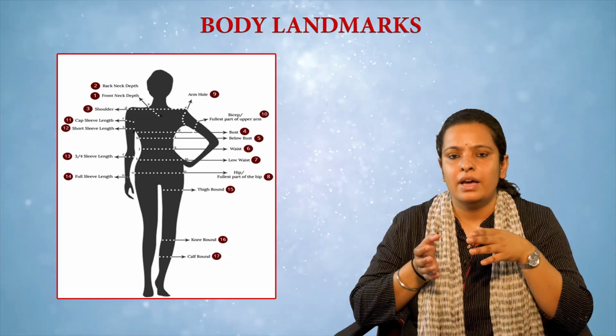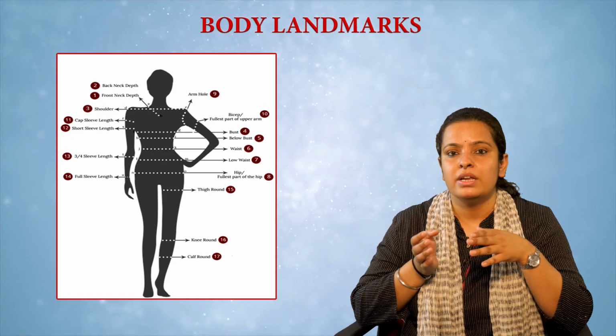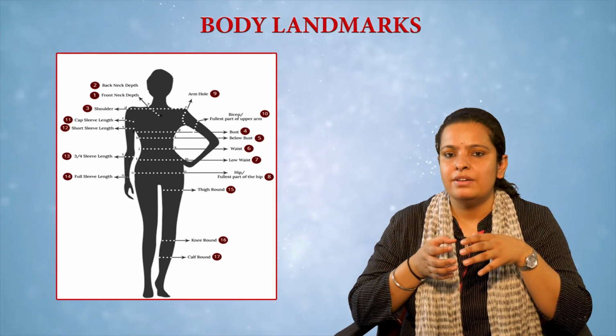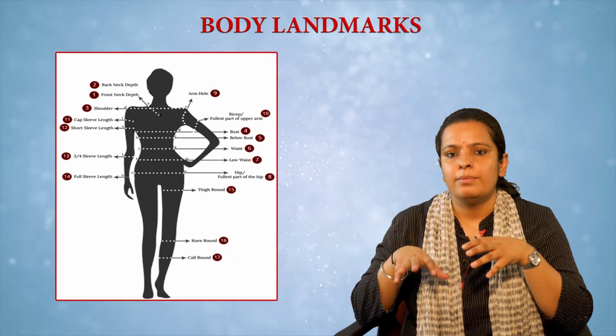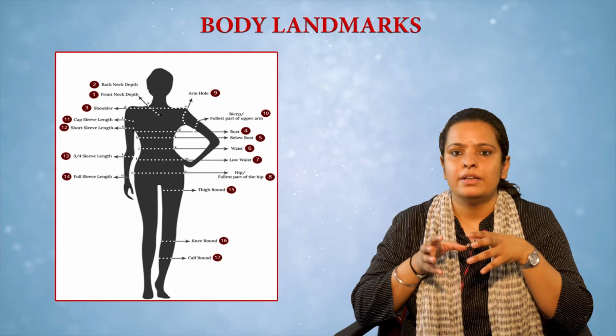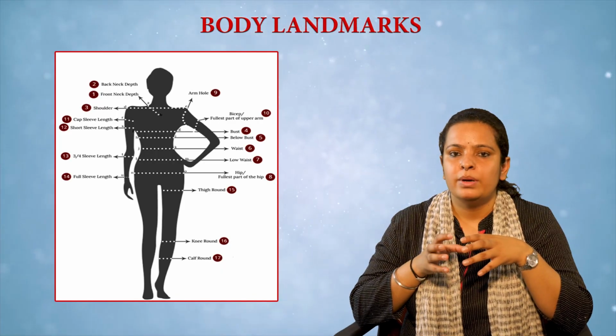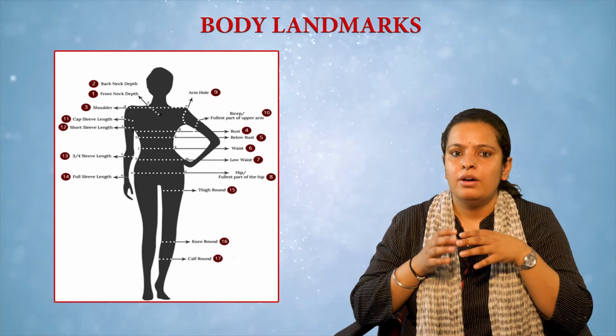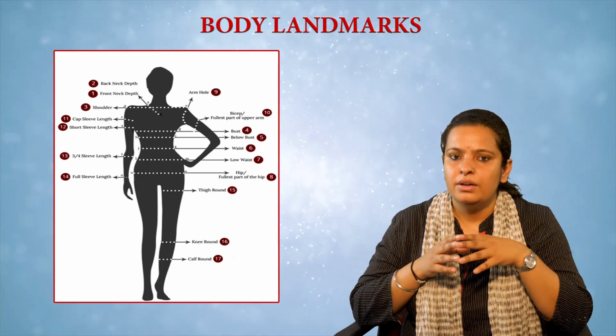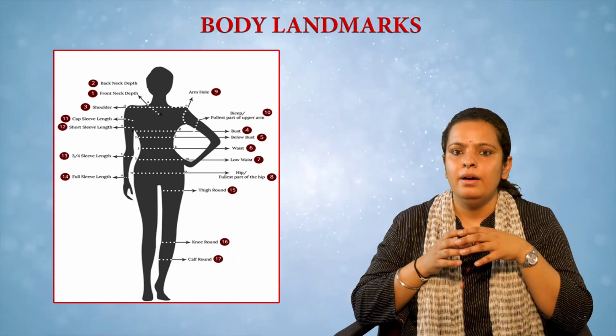When we have to take a measurement of a particular sleeve, we bend the arm and then take a measurement of that particular part also. Like when we take the wrist measurement, or the shoulder to elbow measurement. All these types of measurement we take while creating a pattern. There are different body landmarks, in total 17 body landmarks we discussed.